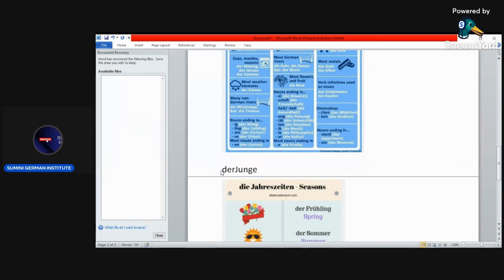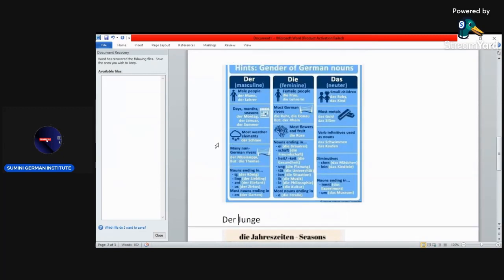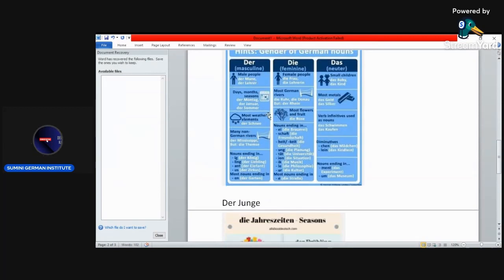Okay, because we have said that male people take der. Another one: man, a man. Man in German is also Mann, but with a double N. So which article will I use here? Der.